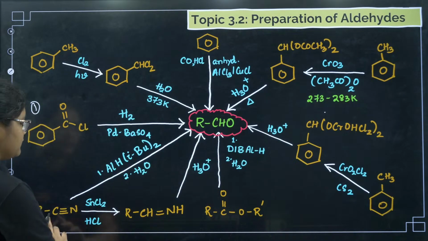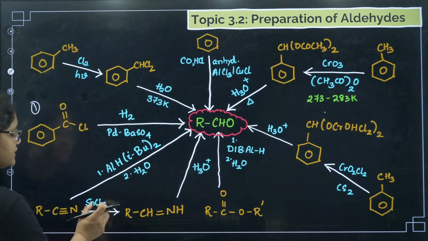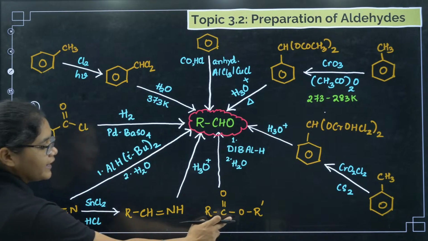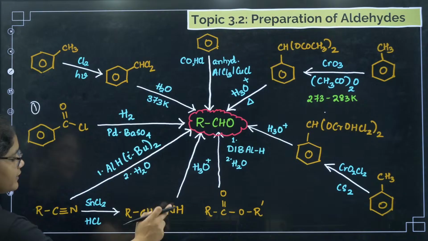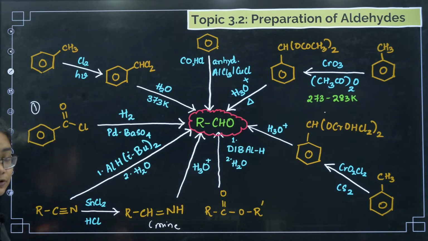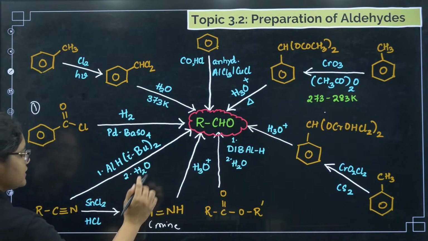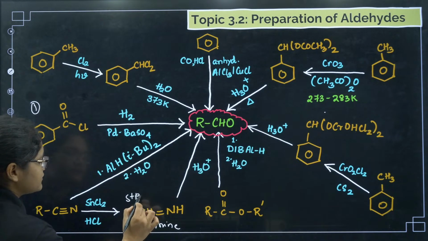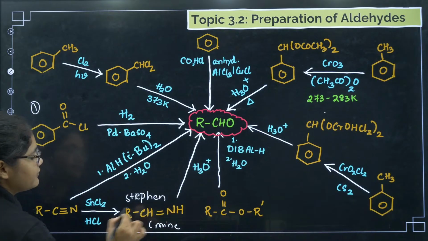Next, if I have RCN, you can use SnCl2 and HCl to get RCHO. First I will get an imine, then you take it with H3O plus, you will get RCHO. What is the name of this reaction? This is your Stephen reaction.